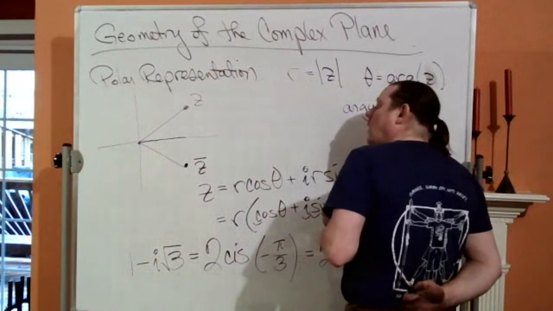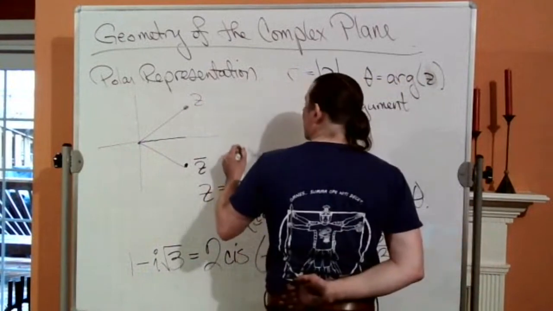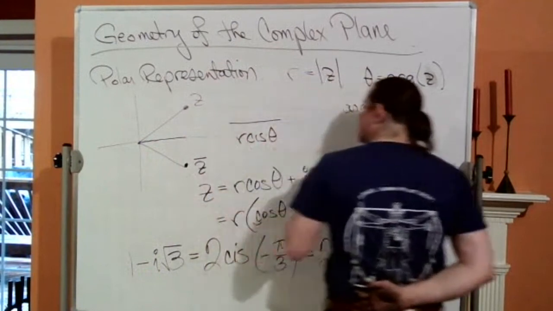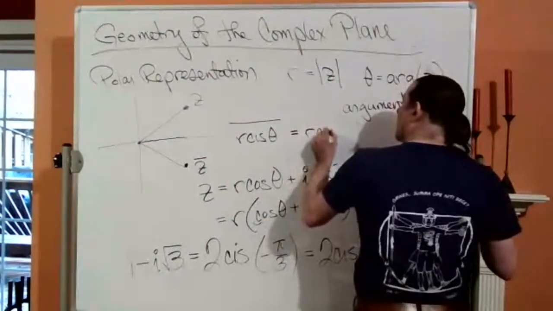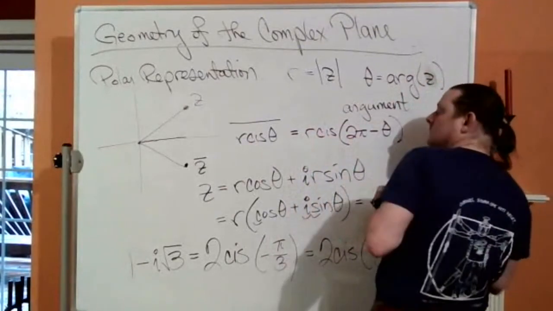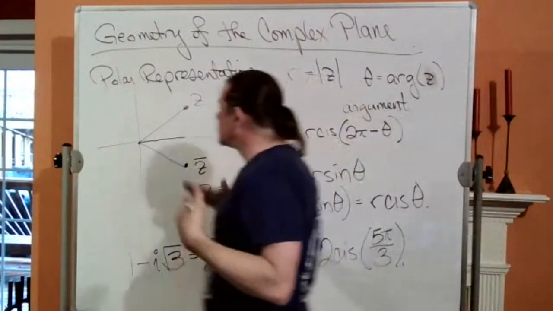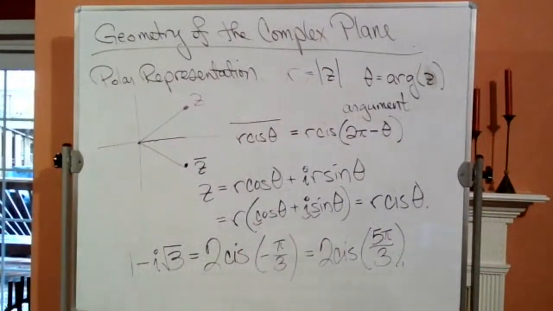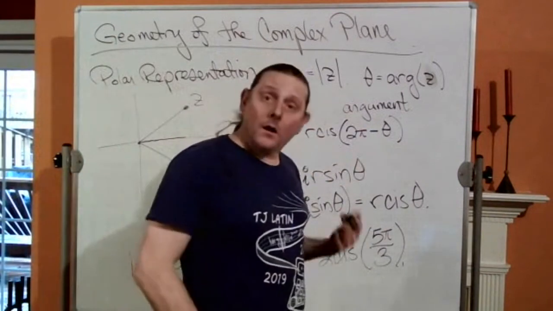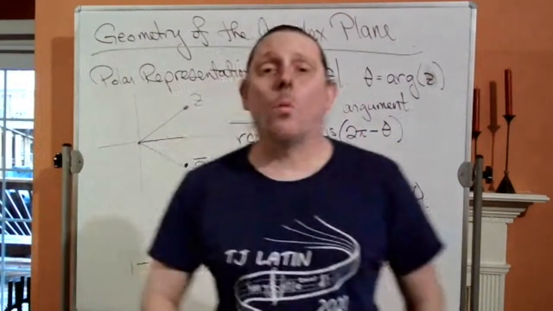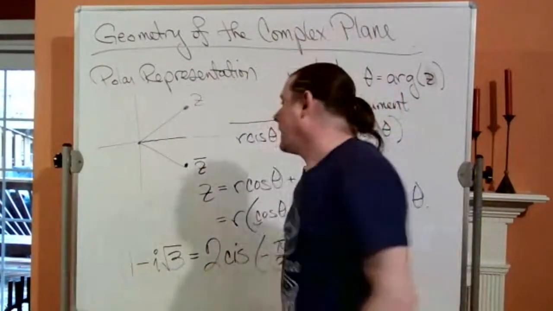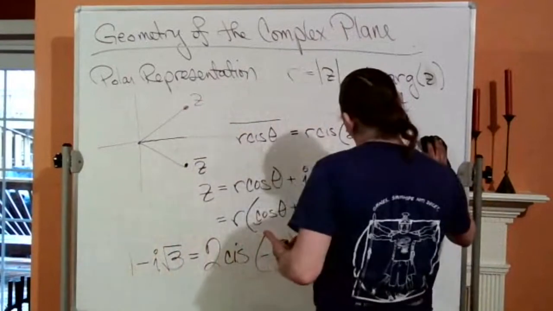So we could say the conjugate of r cis theta is r cis (2 pi minus theta). That's certainly true, but it's a little bit awkward to have this 2 pi appearing everywhere.